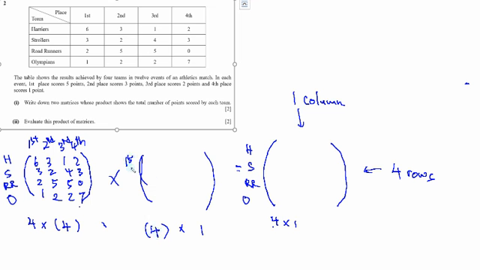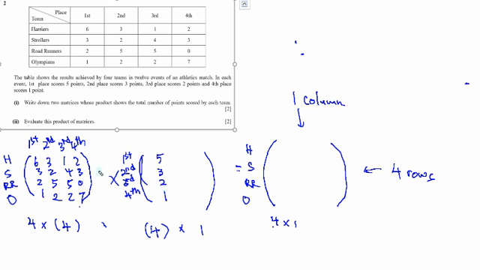So this becomes first, second, third, fourth. The points for each of them will be 5, 3, 2, 1. There is only one column.